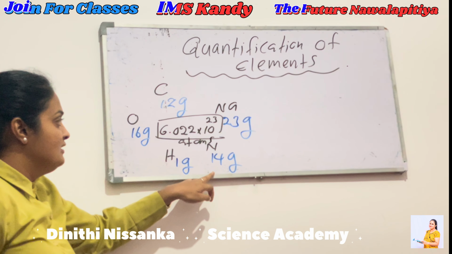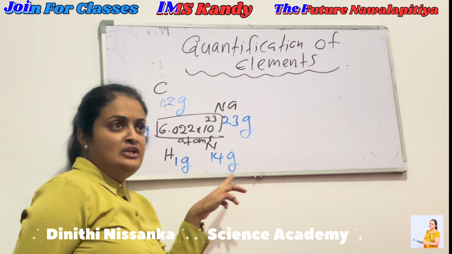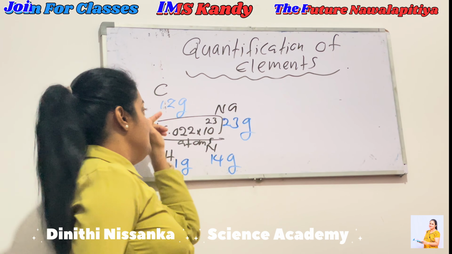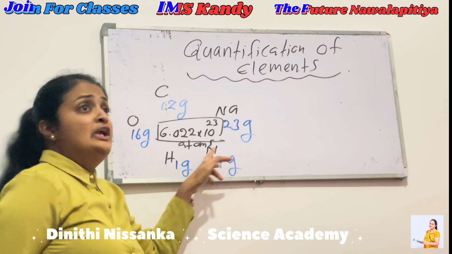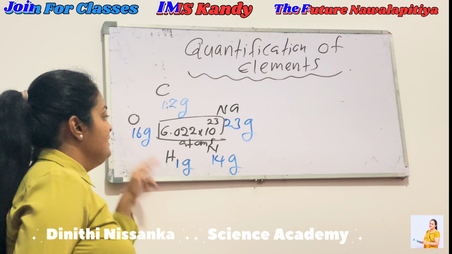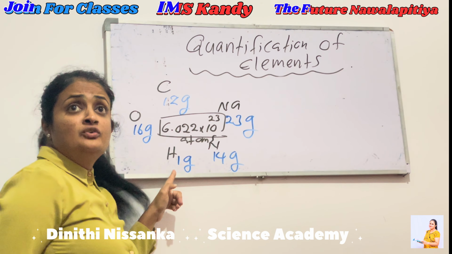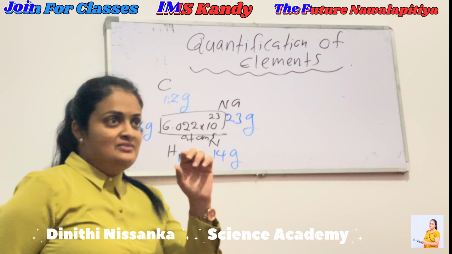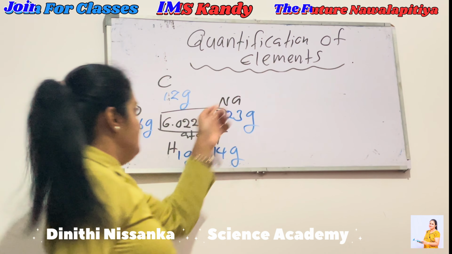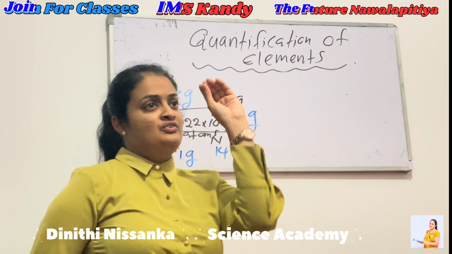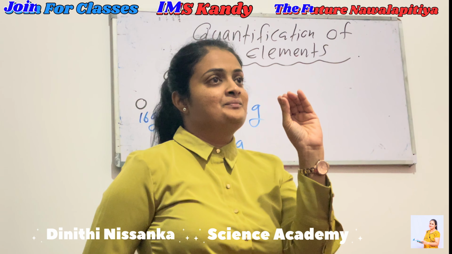If you take 14 grams of nitrogen, it consists of 6.022 into 10 to the power 23 number of what? Nitrogen atoms. Then if you take 1 gram of hydrogen, it consists of 6.022 into 10 to the power 23. Same thing is repeated here. So this value is defined as what?